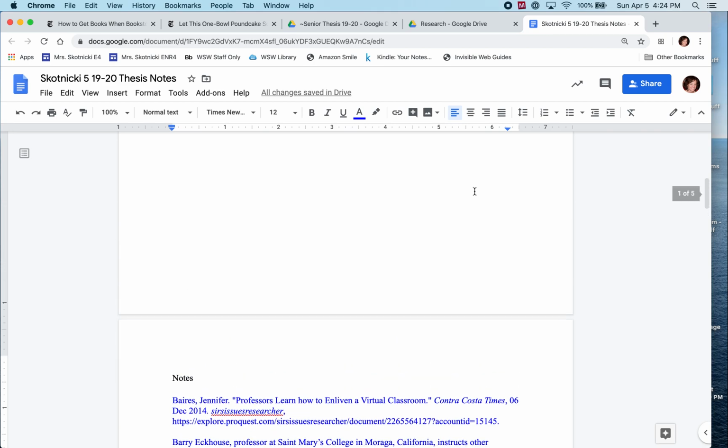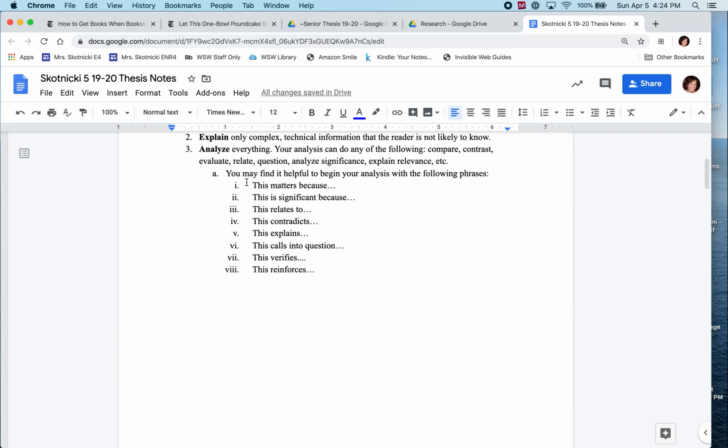And then to recap, what's going on here is you are talking about every little bite of information that you found through research, and you're analyzing it, and you're interpreting it, and you're explaining it only when you need to. I mean, this really isn't so much an explanation, unless, of course, it's something that's highly technical.